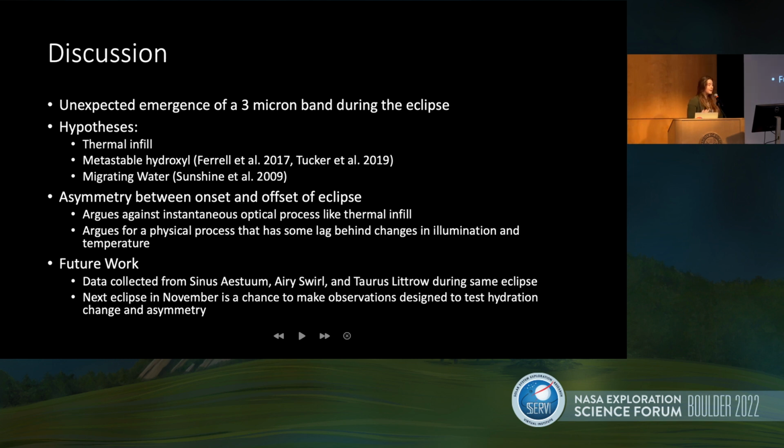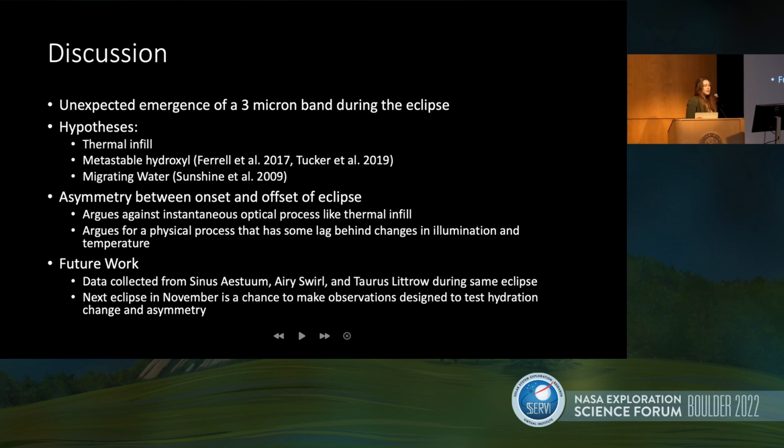And then the other idea is migrating water along the surface. However, the amount that we're seeing form is pretty high compared to, like Paul was saying, the amount of water available in the exosphere from LADEE. So none of those quite satisfied us as an explanation.